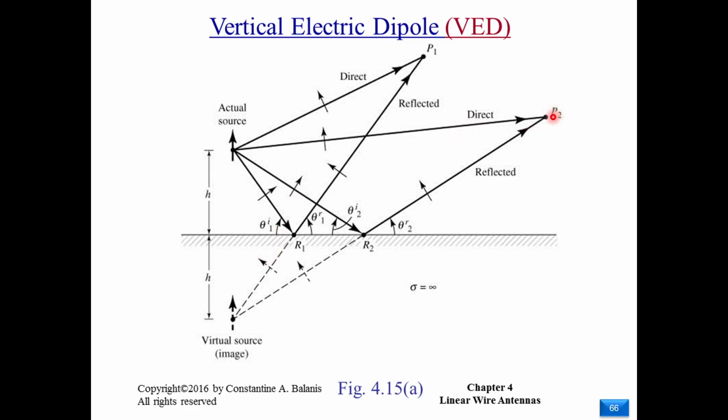So for each observation point, there are actually two components of the radiated field that reach the observation point: the direct one, and the other one is the reflected. When we study this problem, we can use the same technique that we used for electrostatic fields: we can put an imaginary source, and this is where the name image theory came from.